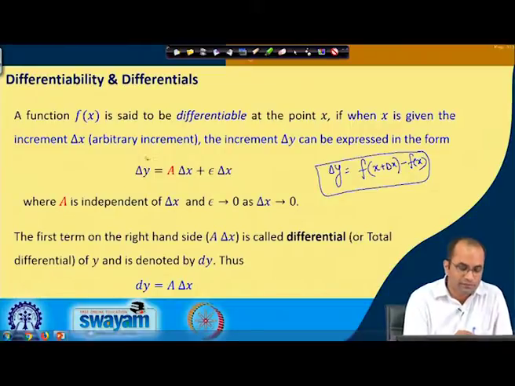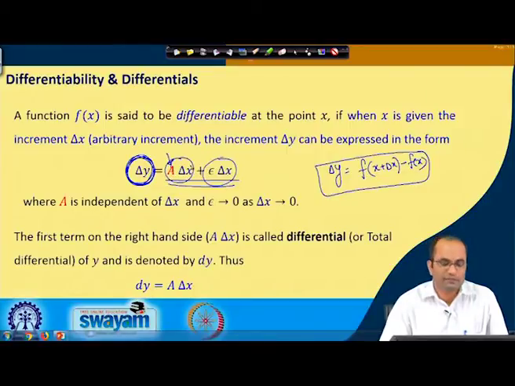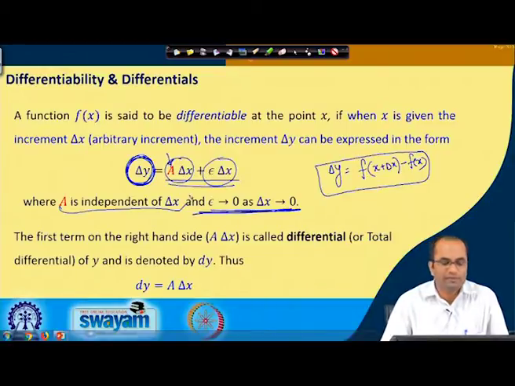If this increment Δy can be written in this form, a linear term a, which is independent of Δx, times Δx, plus εΔx, then we call the function differentiable. It is very important that ε goes to 0 as Δx goes to 0, and that a is independent of Δx. If we can do that, we call the function differentiable.